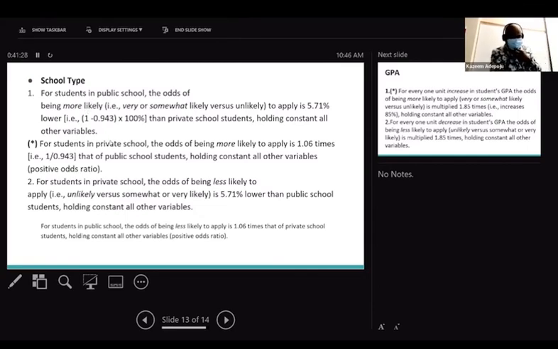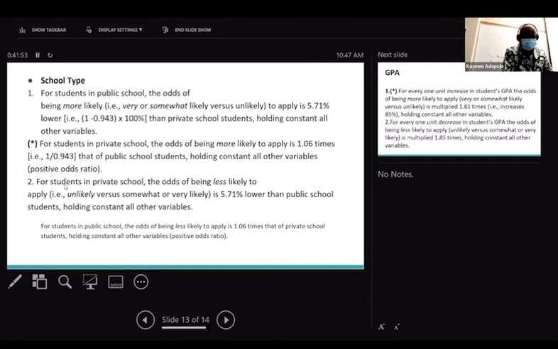I wanted to take a look at what I have here. If you take a look at number two in the interpretation, we're focusing on private school. We're starting from private school, right? I want us to go back.